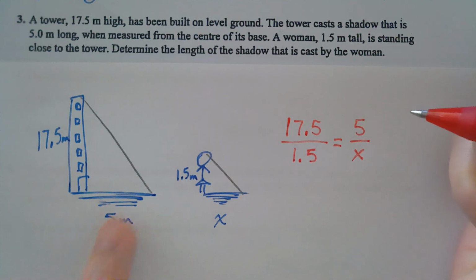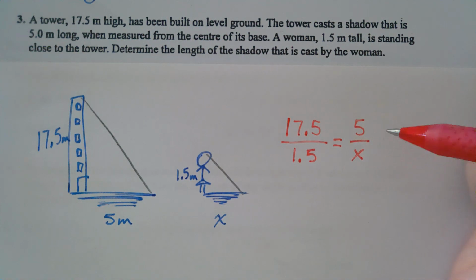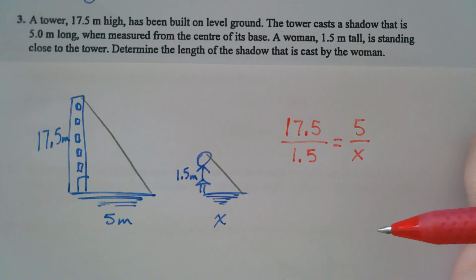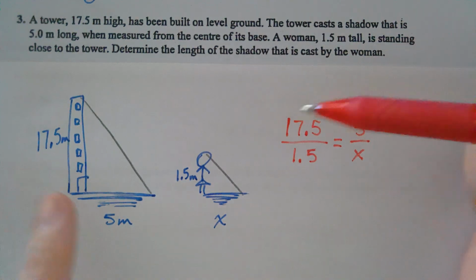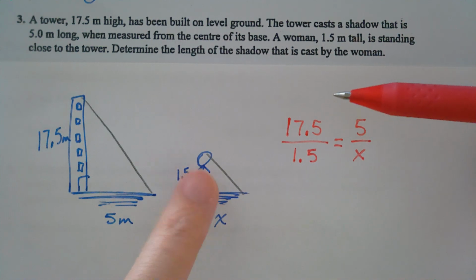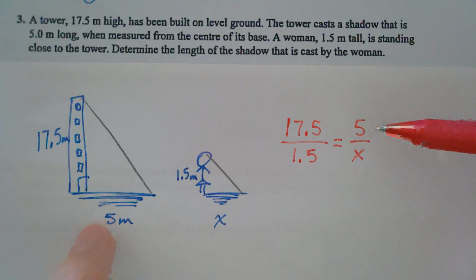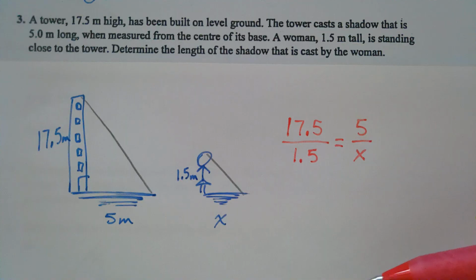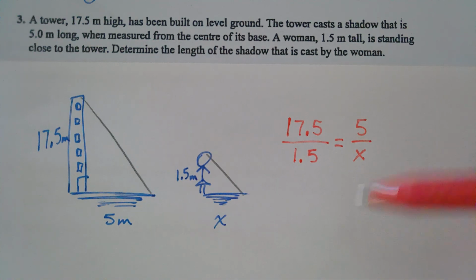And then shadow to shadow. Okay. Tayden, what is the common mistake people do when they set up these ratios? Right, the order. So Neela, she did the big triangle to the small triangle. So for here, she also has to do the big triangle over the small triangle. All right. Order matters. Order matters.